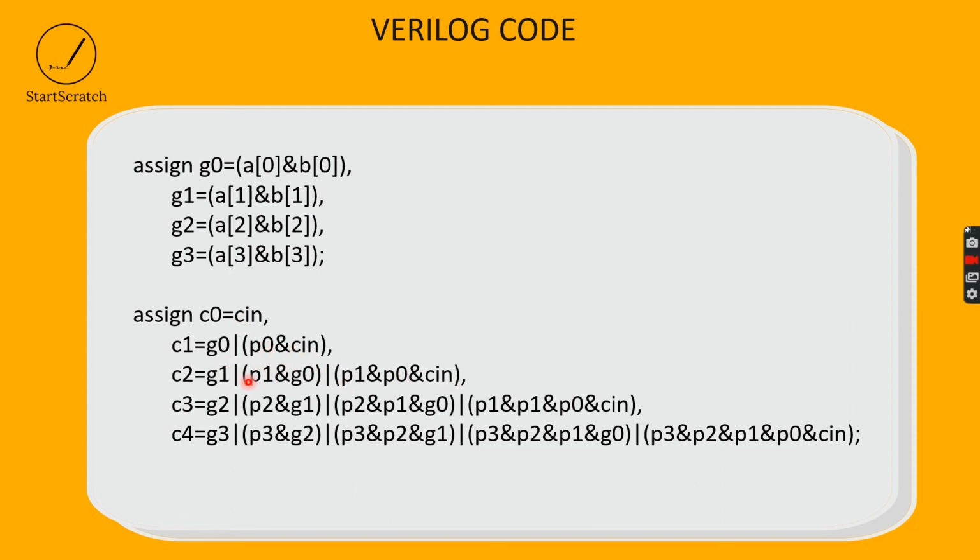And in the C3 case, you will be getting G2 or P2 and C2. If you expand P2 and C2, you will be getting P2 and G1, or P2 and P1 and G0, or P2 and P1 and P0 and Cn, and similarly for the C4 case.